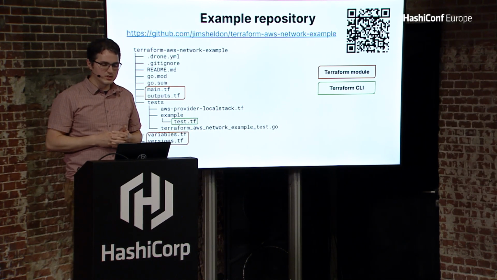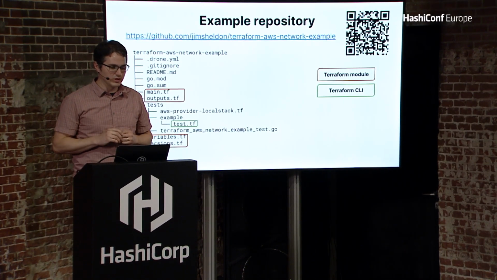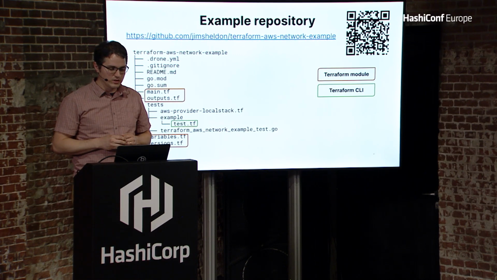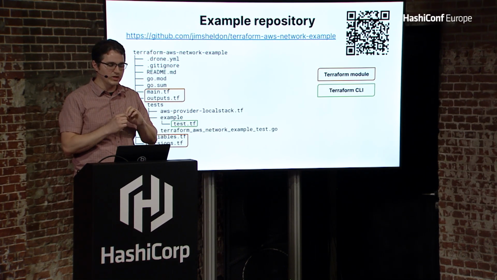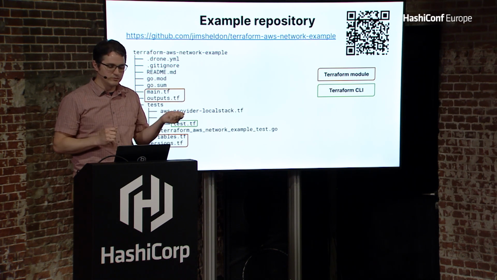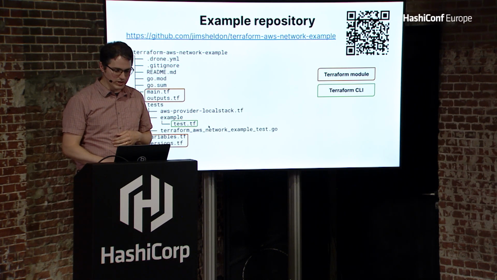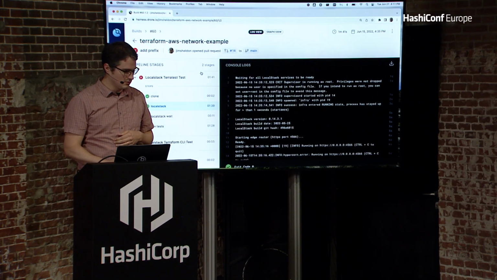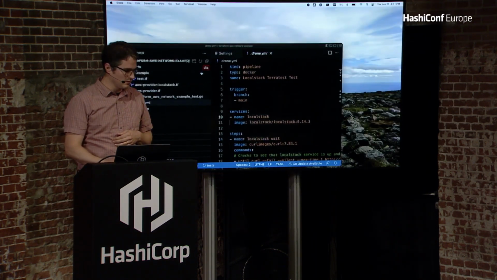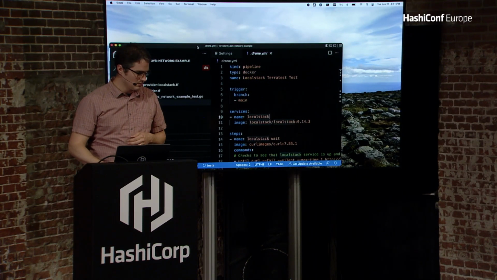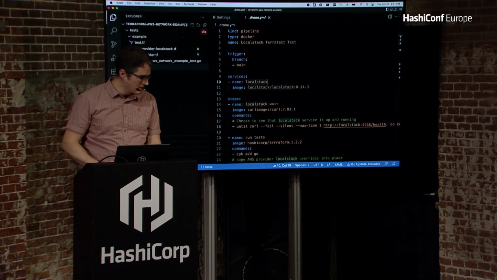Then the Terraform CLI, when I was talking about running Terraform test, looks for files beneath the tests directory, and I believe you can have any directory name beneath that. My directory is named example. And so if we look at that file, I have my editor open somewhere. Here it is. This is big enough.